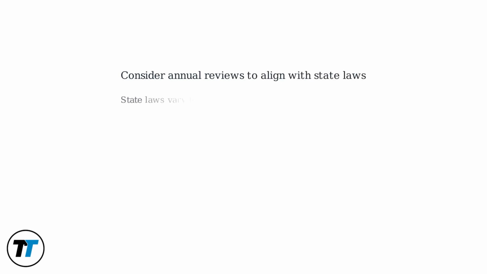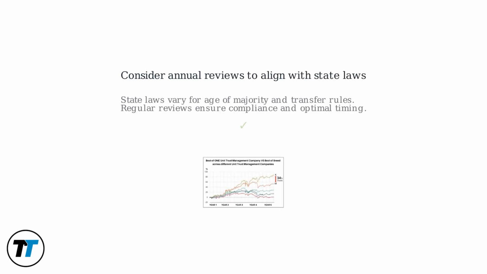Annual reviews of custodial accounts help ensure alignment with changing state laws and personal circumstances. This proactive approach prevents surprises and optimizes the transfer timing. In summary, careful planning and professional consultation are essential for navigating custodial account transfers successfully, ensuring the best outcomes for both custodians and beneficiaries.